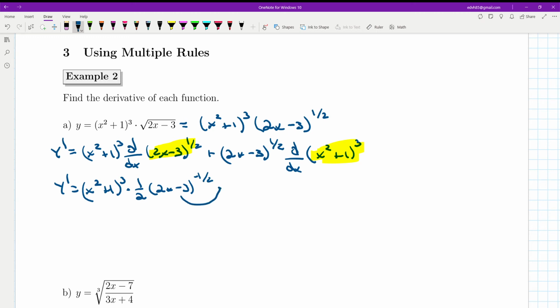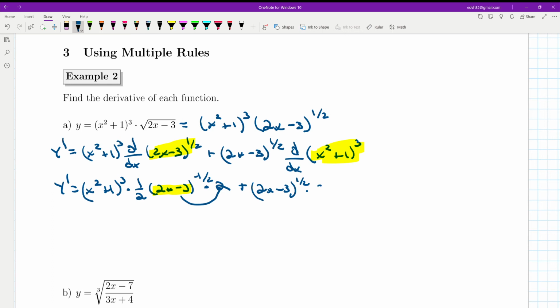Be careful here, because we still need to further differentiate the 2x minus 3, and its derivative is 2, and then plus 2x minus 3 to the 1/2 times the derivative of x squared plus 1, the whole thing to the third power.